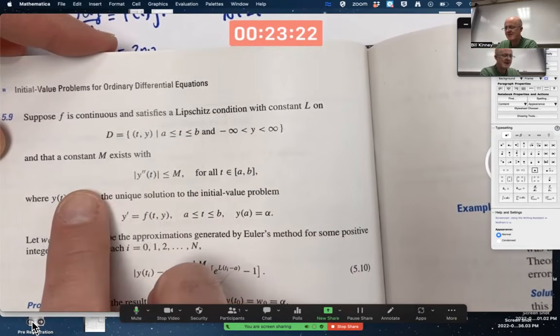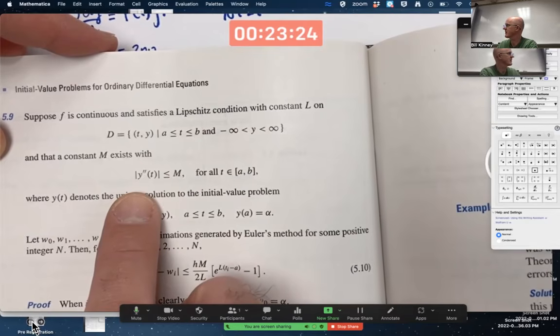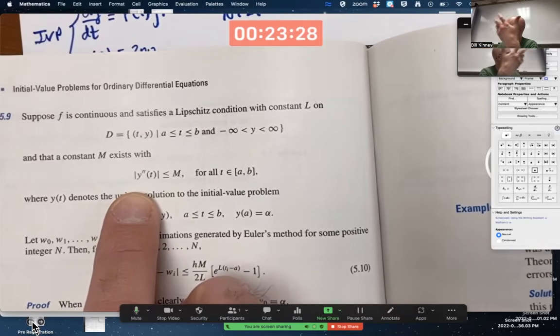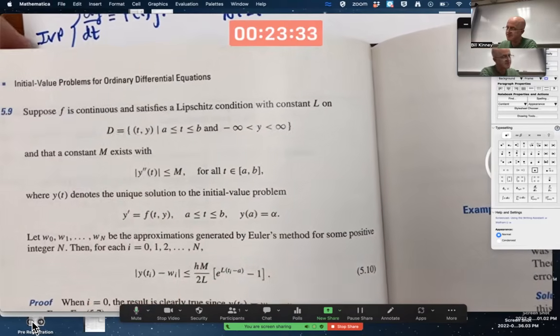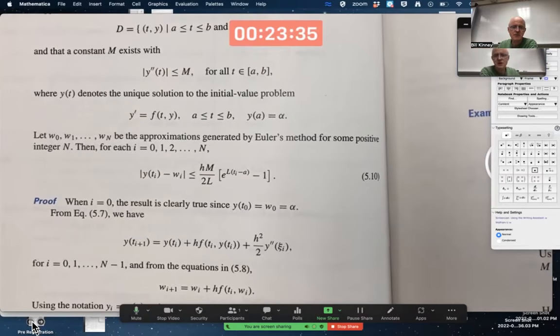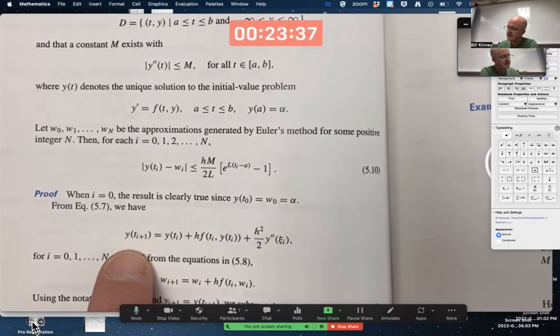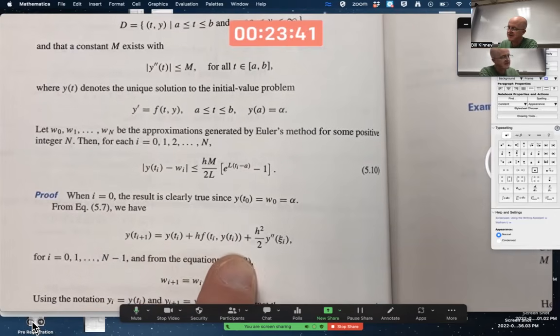And we are assuming implicitly here that the second derivative of the solution exists, and in fact is bounded. So we are assuming it's twice continuously differentiable here. So you should be able to apply Taylor's theorem to y of t. This is effectively a Taylor expansion.